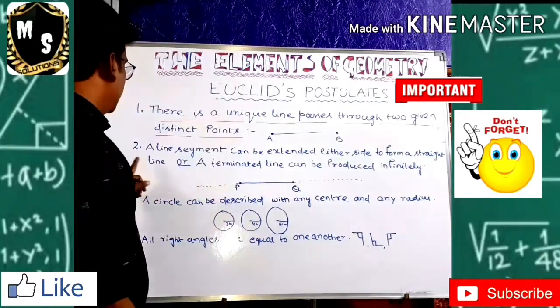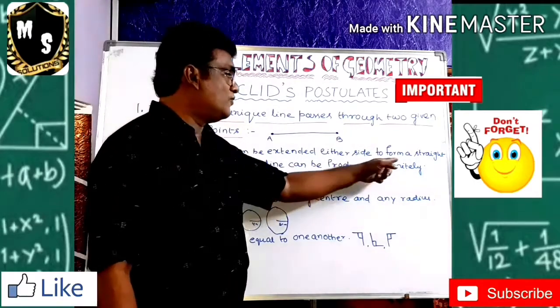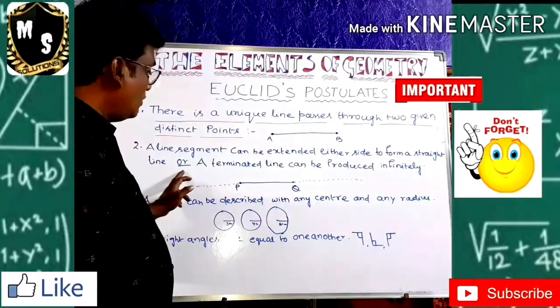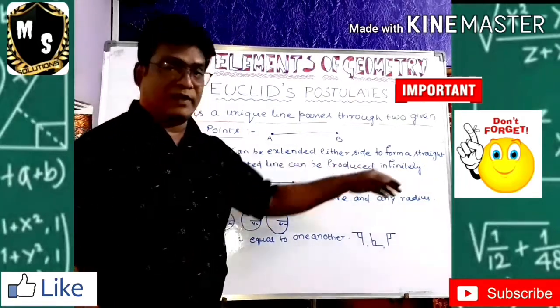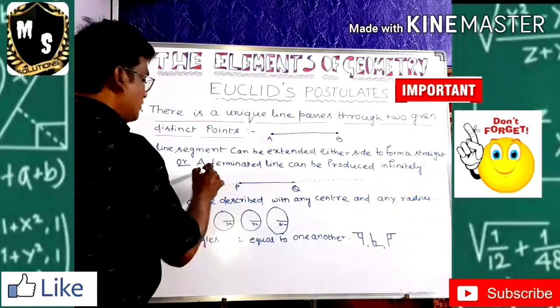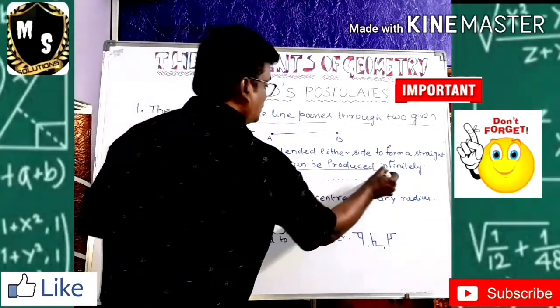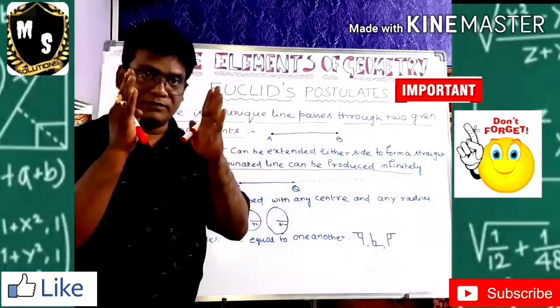The first postulate. Second postulate: a line segment can be extended on either side to form a straight line, or it can be said like this: a terminated line can be produced infinitely. Among these two, which one you like, you say. Terminated means what? That means a line already given.